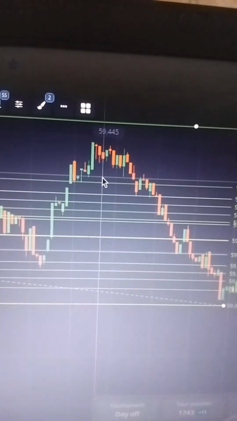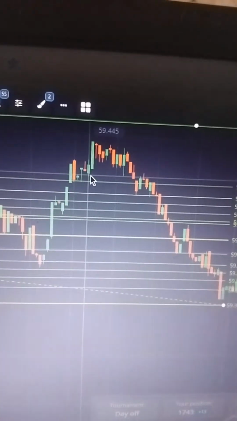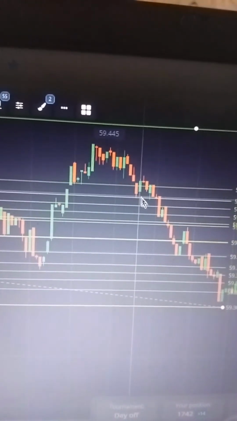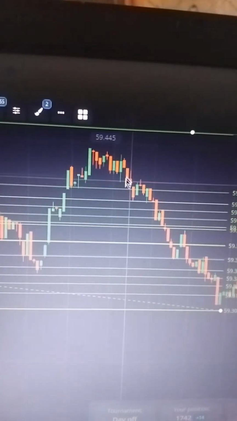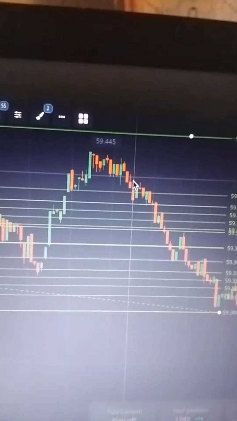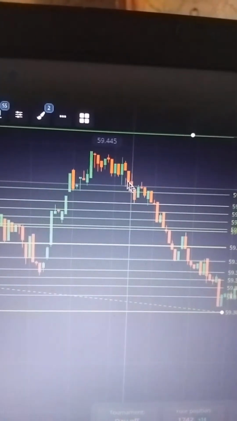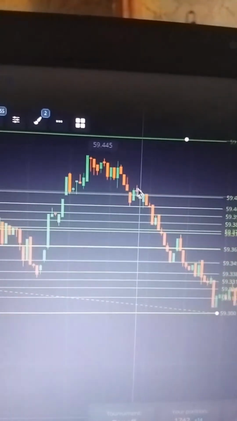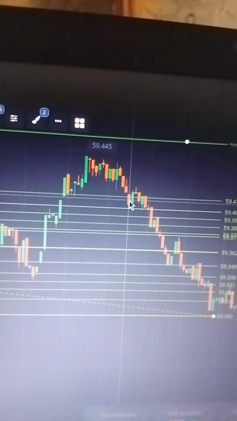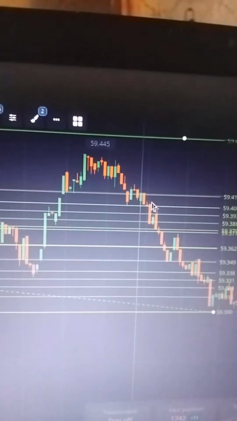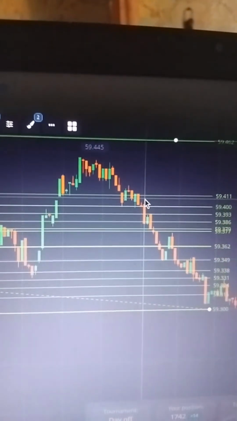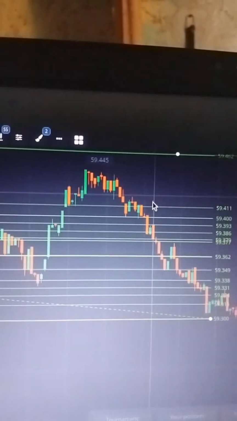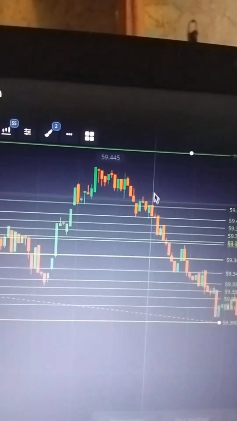Yeah, on the 5 second you could see that there was a structure break, change of character, so downside and a trade up. So that's your entry. Of course there was a fair value gap and there was a liquidity void that was filled. That makes this what? An intermediate term high. It should not be broken to the upside.